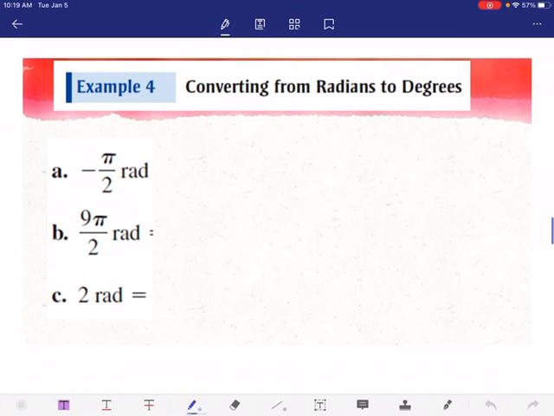So we would take our negative pi over 2 radians. We're going to multiply by 180 degrees over pi.